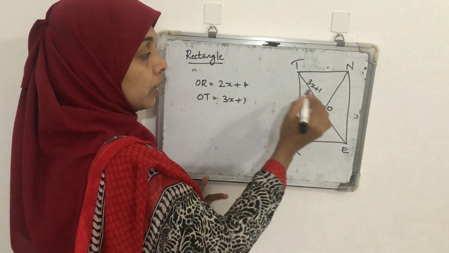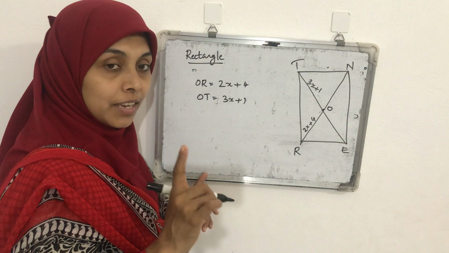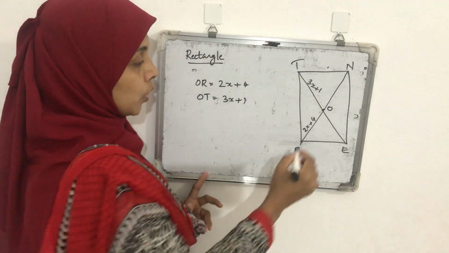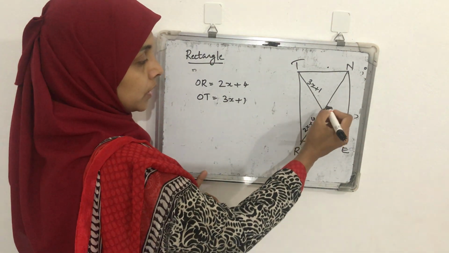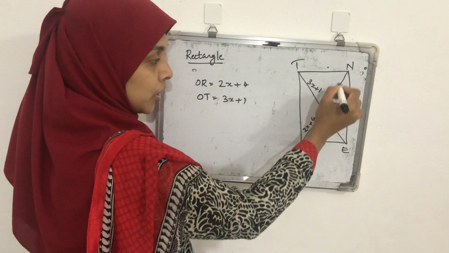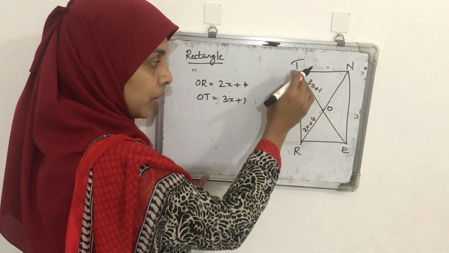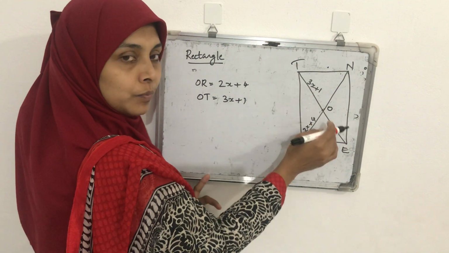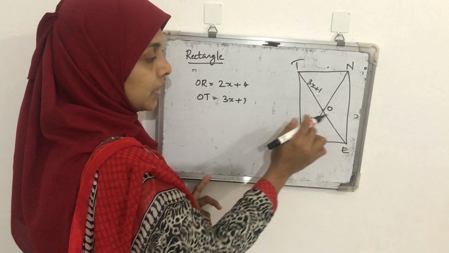We know one property of a rectangle: the diagonals are equal in length. So if OR is 2x plus 4, ON will also be 2x plus 4. The same length will be for this also, so this will also be 3x plus 1.